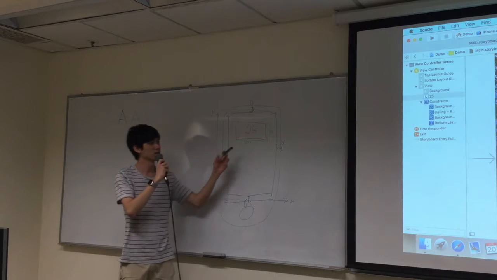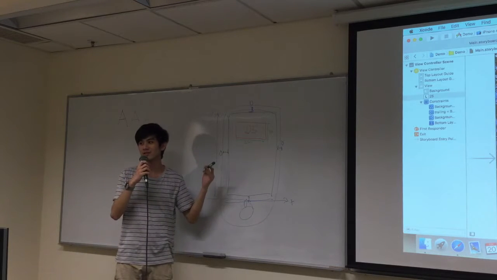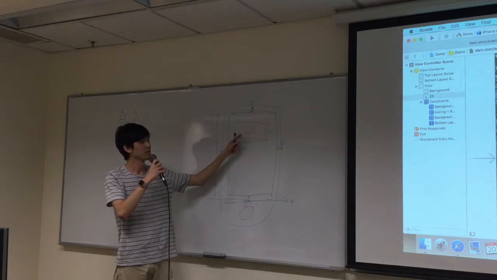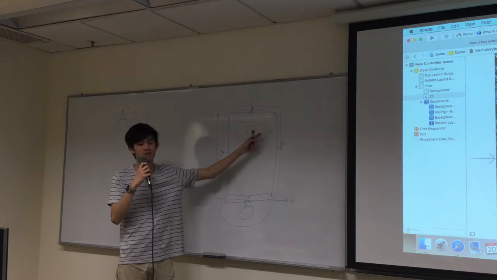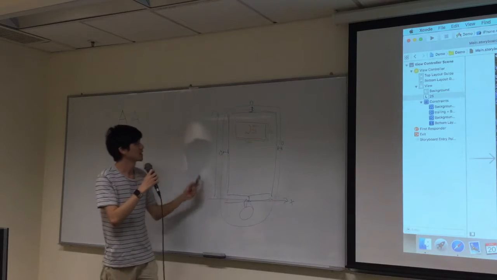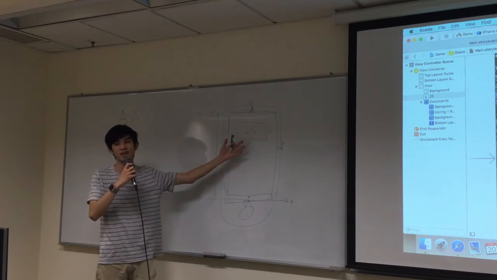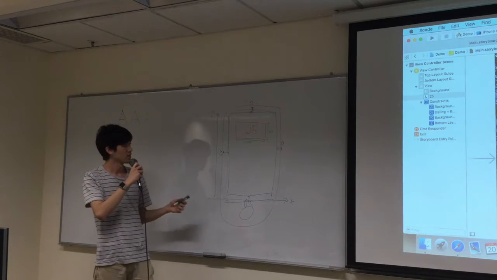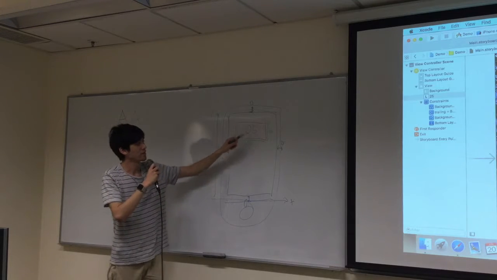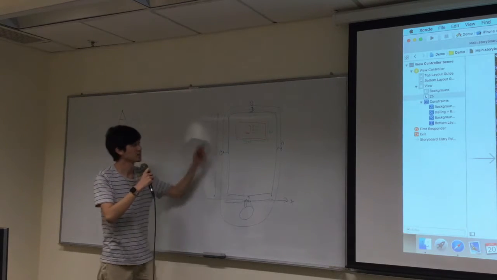But then there are two more constraints missing, because you have set the width and the height, but on the x-axis and on the y-axis it can float anywhere because it doesn't know where it should stand. So beside the width and height, we need to fix the x and the y.